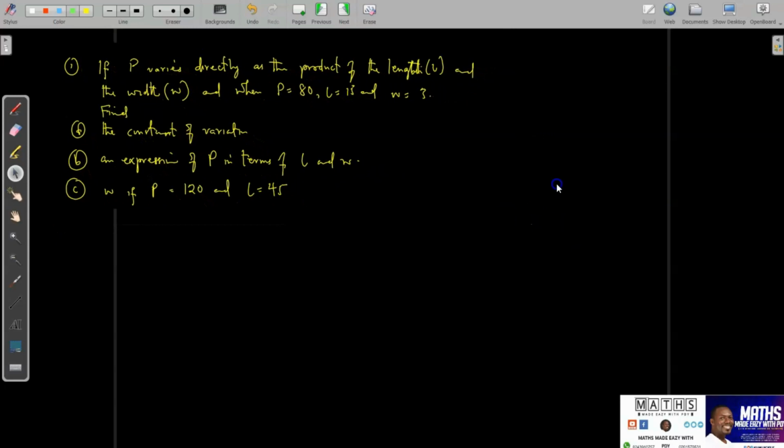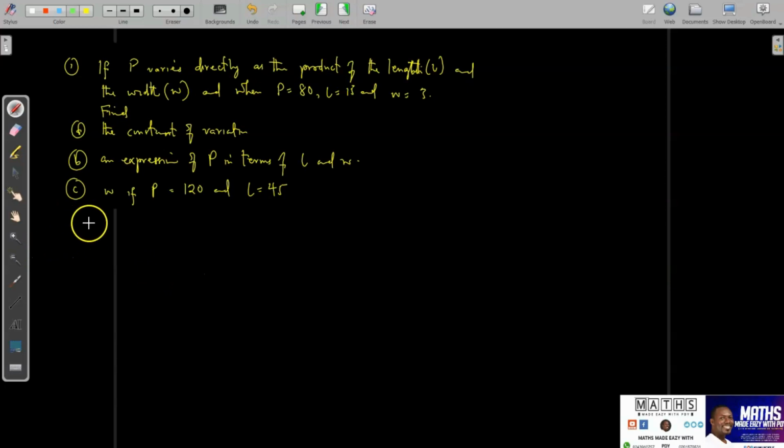And I believe it's easy. Now, interestingly, this kind of question also falls under another type of variation. But as long as this one has appeared here, let us do it together. And then when we move on to the other type of variation, we'll consider it once again. Now, P varies directly as a product of L and W. I believe product means multiplication between two quantities.